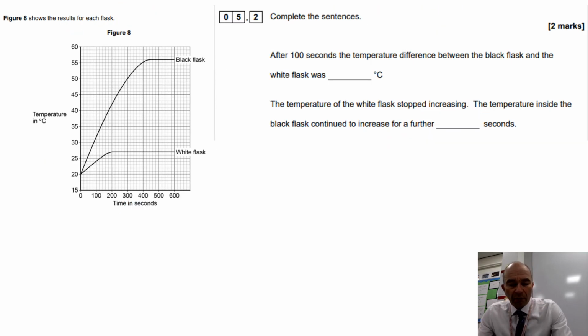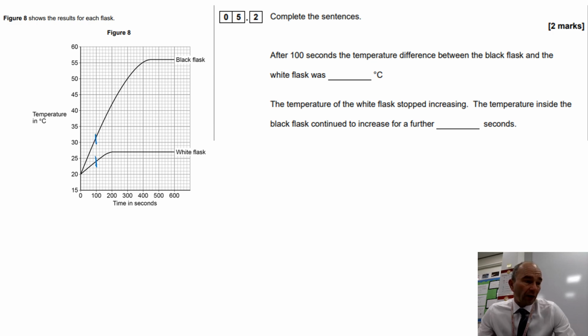5.2. Here we've got a graph showing the results for each flask, and we need to complete the sentences. After 100 seconds, the temperature difference between the black flask and the white flask was how many degrees? Well, we need to find 100 seconds on our graph and mark those parts there.